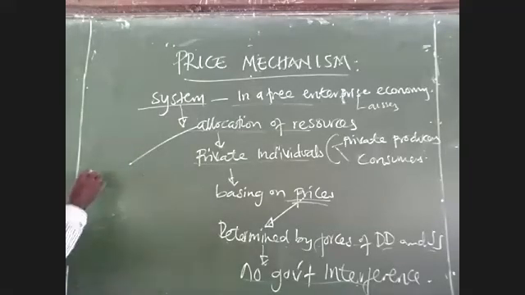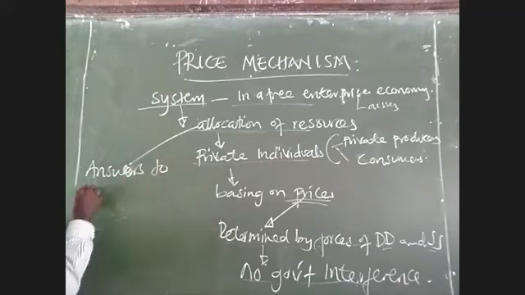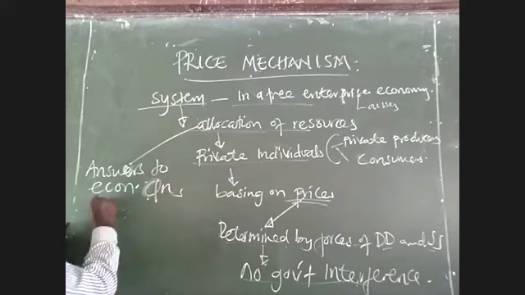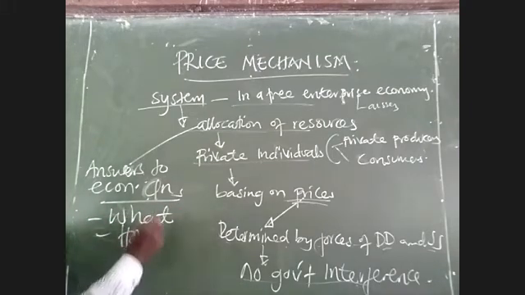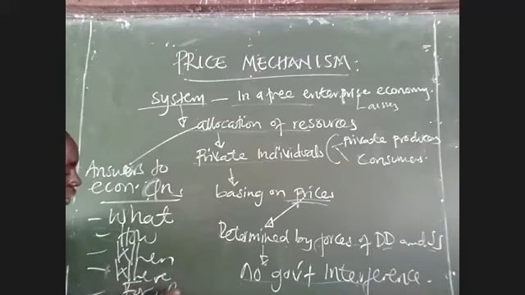Allocation of resources is providing answers to what we call economic questions of what to produce, how to produce, when to produce, where to produce, for whom to produce.